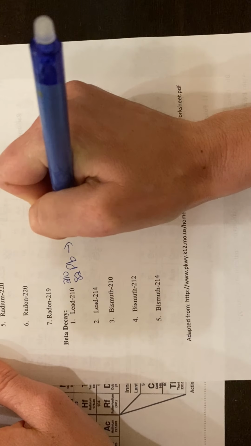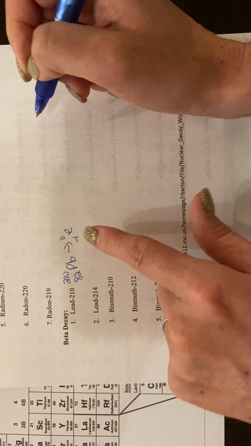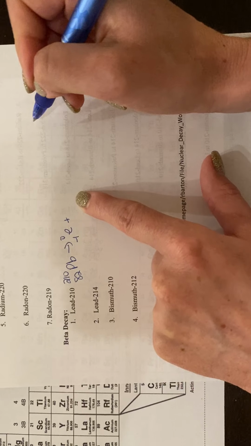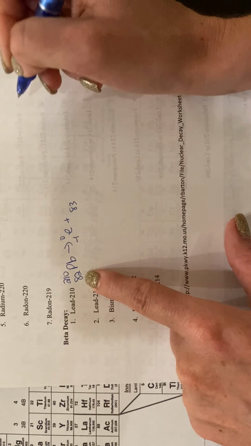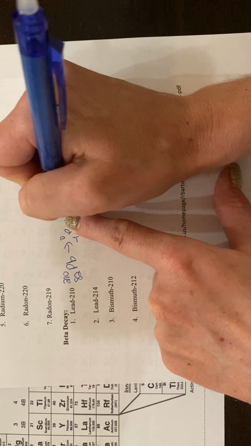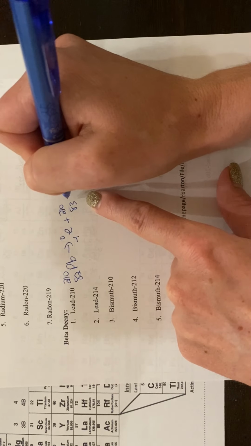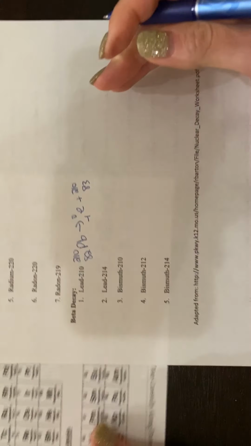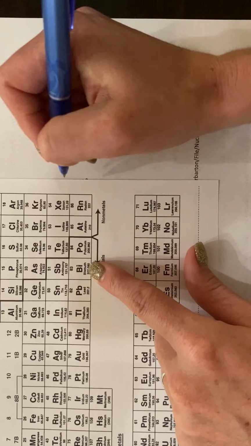And we're undergoing beta decay. So what minus 1 gives me 82? It's going to be 83. And then I have no change in mass, so my mass will be like this. So now I have to figure out what element has 83 protons. 83 protons gives me Bi.